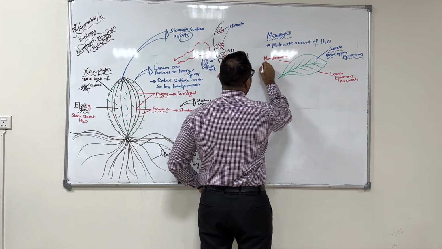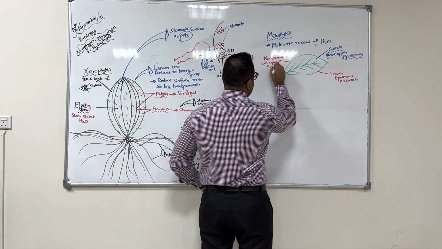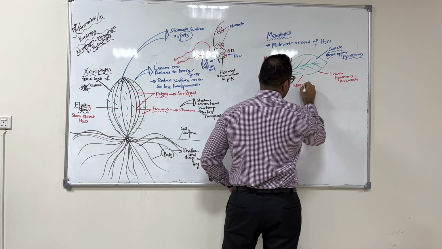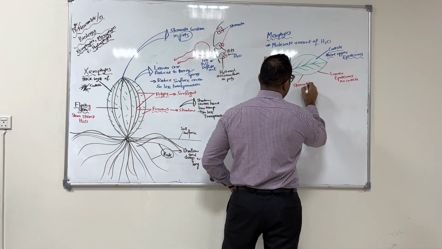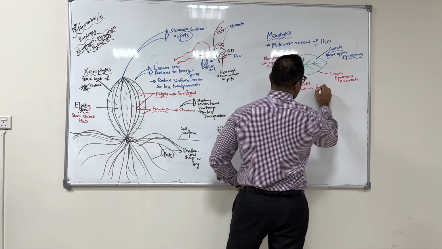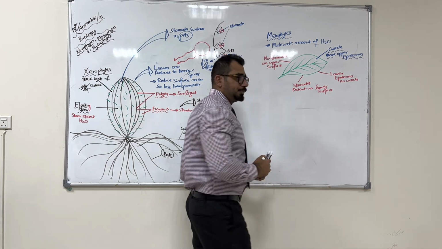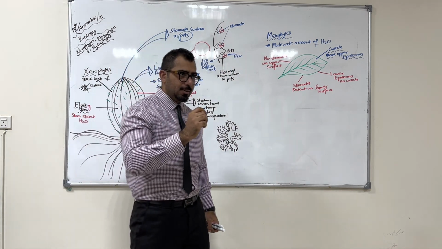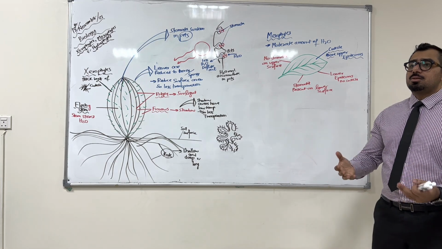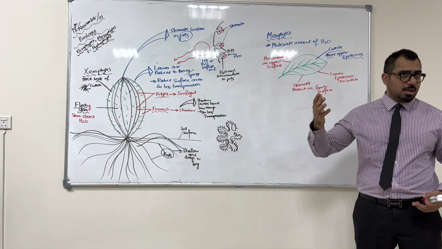No stomata on upper surface, but there are stomata present on lower surface. The benefit of having stomata on lower surface is that there will be less transpiration as compared to the upper surface. Understood?